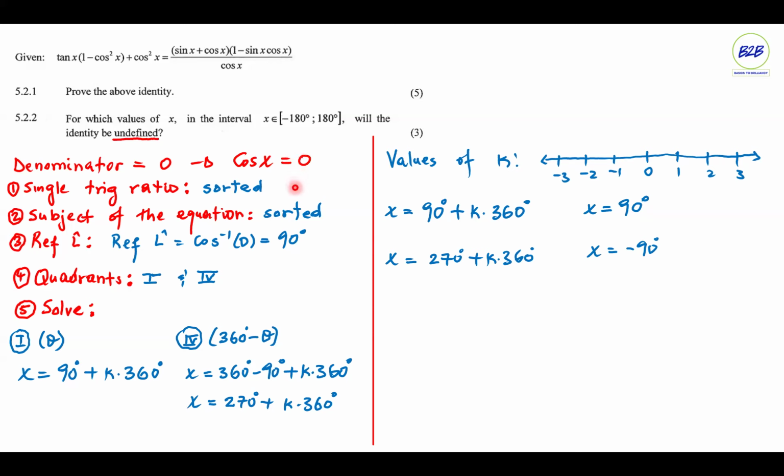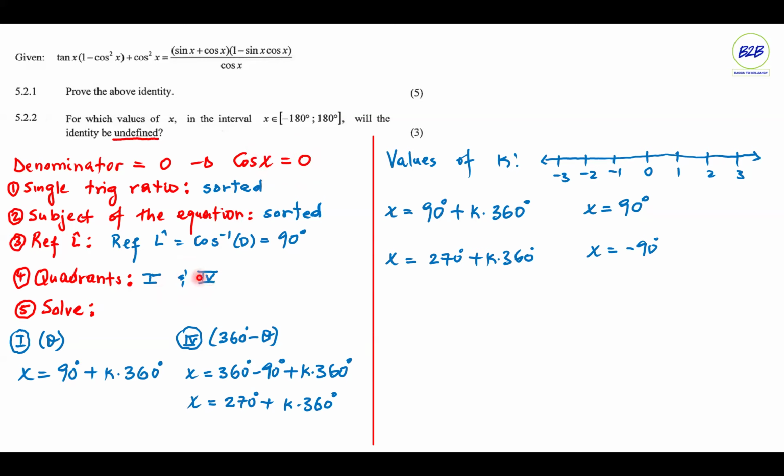But for now, let us just assume that 0 is positive. Cos theta is equal to 0. That means positive. So cos is positive on which quadrants? First and the fourth quadrant.